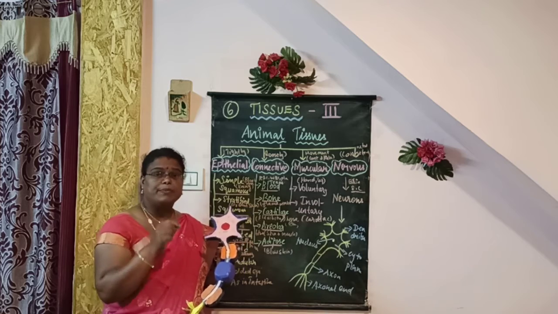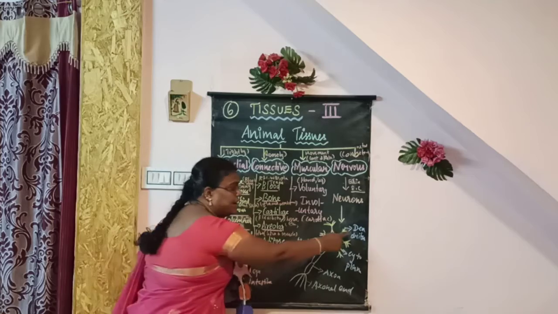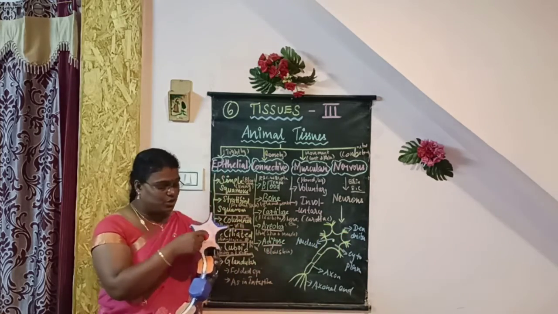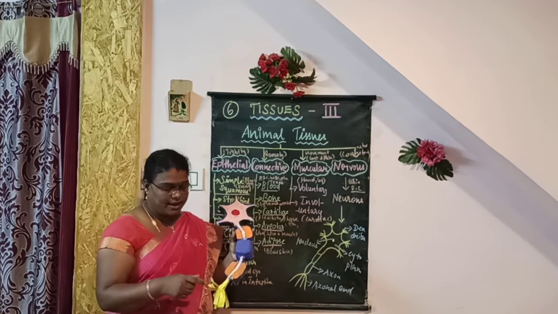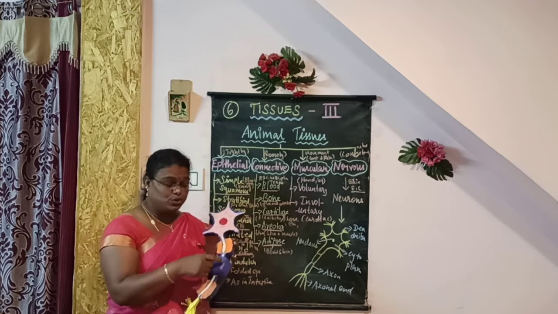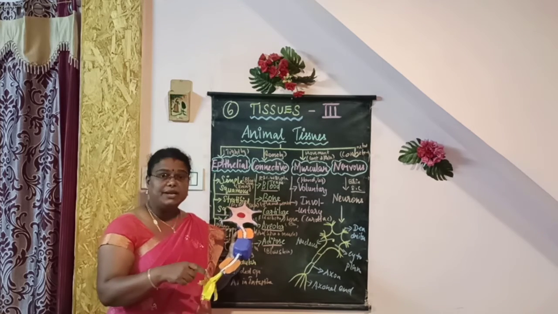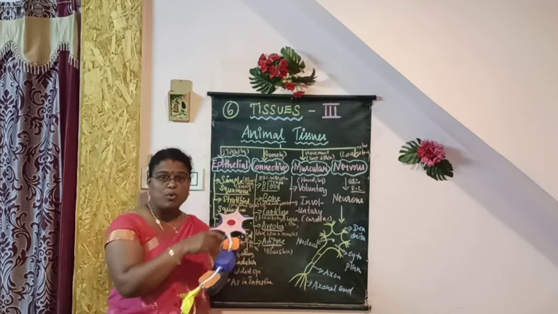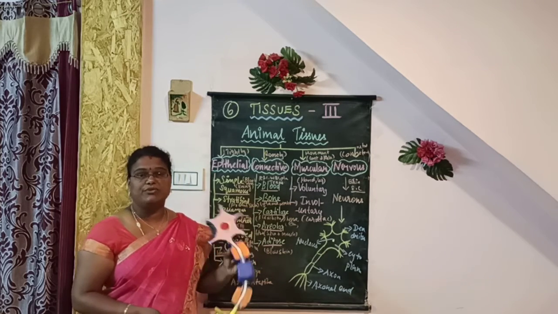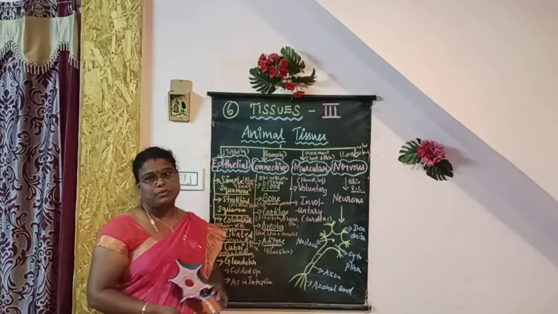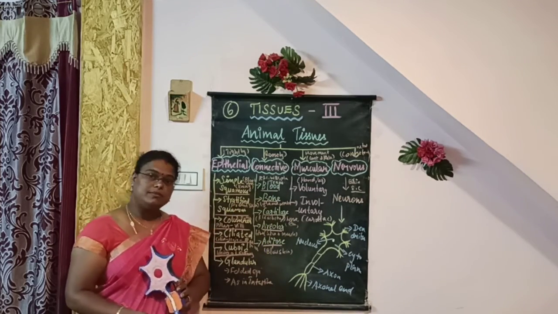So the message from the environment first reaches the dendrites, then the cell body, then the axon, and finally it reaches the axonal end. Like that, the message moves from one neuron to another neuron, thus transmitting the message from the environment to the brain. So this is about animal tissues. Bye students.